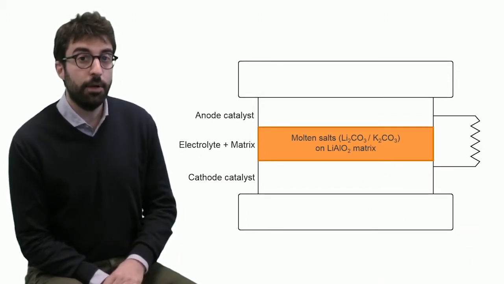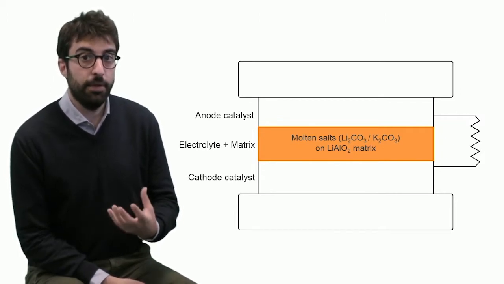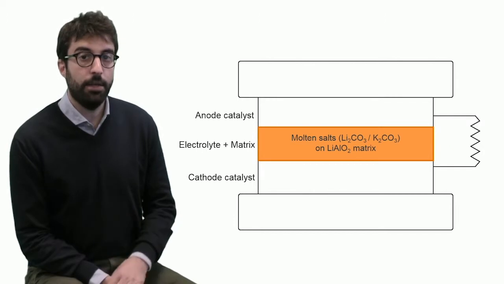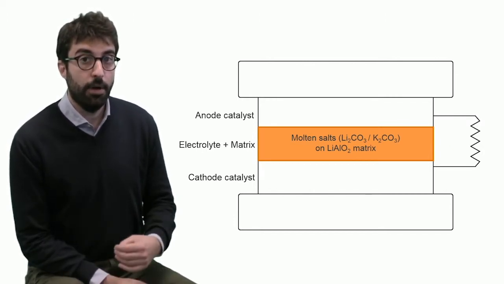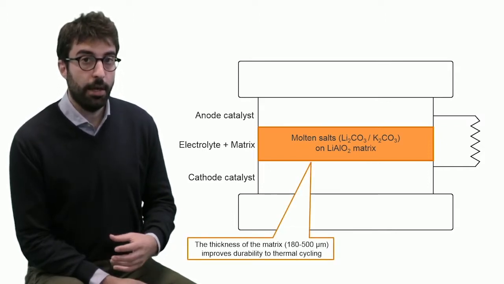But what is peculiar of this technology is that the electrolyte, as a fluid, needs to be kept physically in a sort of sponge, which is the matrix, usually made of lithium aluminate.